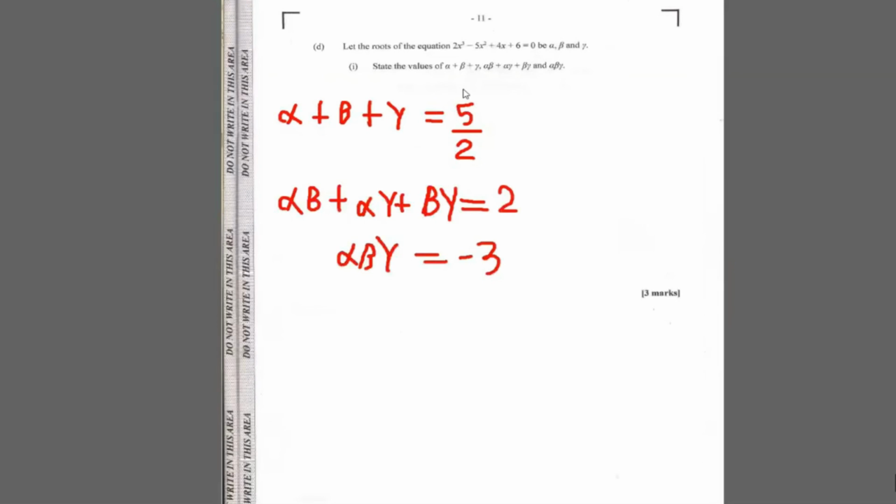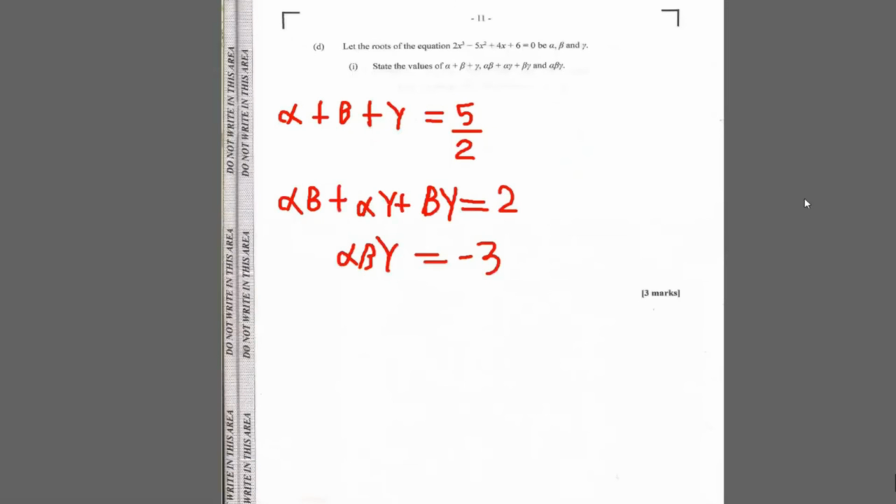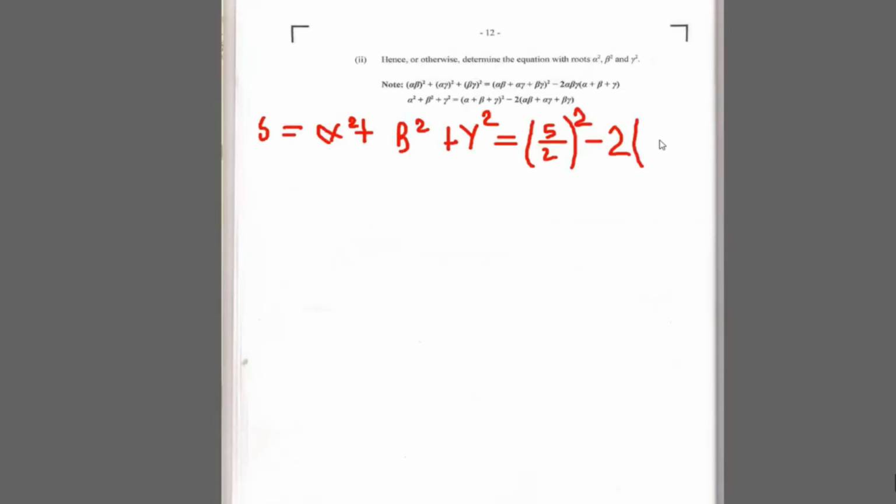But that is equal to alpha plus beta plus gamma all squared, minus 2 times the pairwise product. Alpha plus beta plus gamma is 5 over 2, so it's 5 over 2 squared minus 2 times the pairwise product, which is 2. 5 squared is 25, so that's 25 over 4 minus 2 times 2, which is 4.